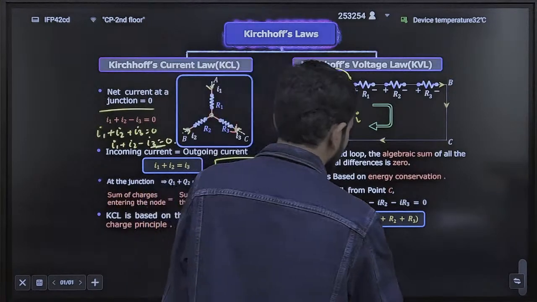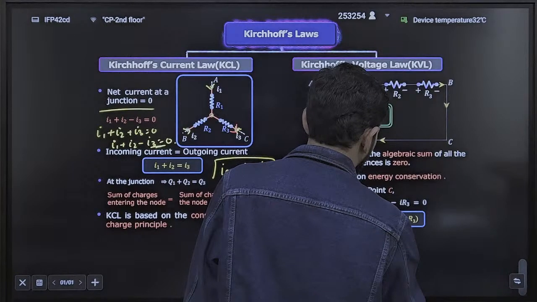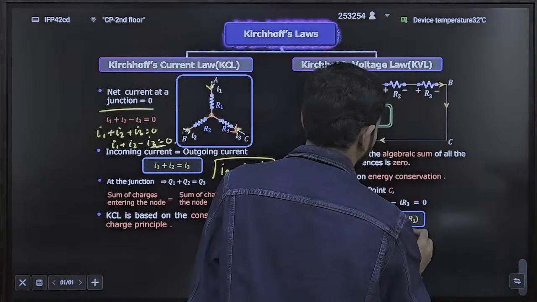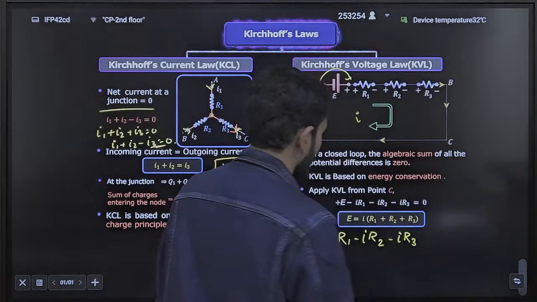Correct? Then again this one, minus I, then this one, minus I into R3.